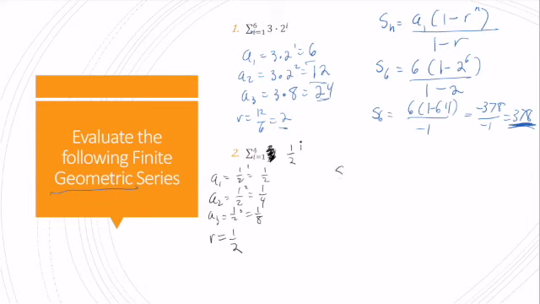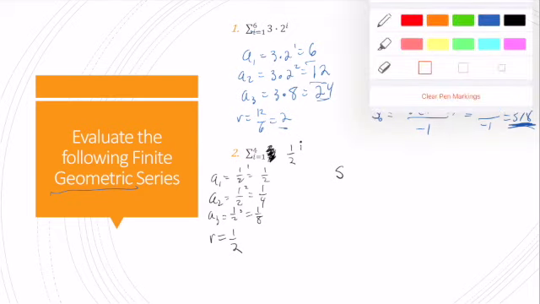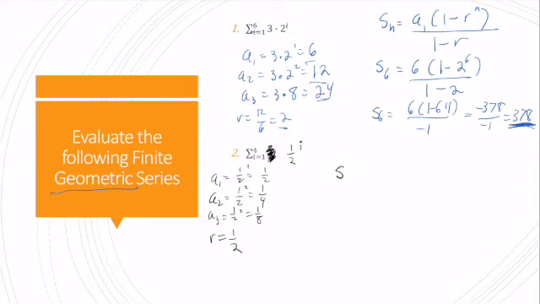So I have that S sub, in this case 4. Let me go ahead and change this pen color. Let's go with green. I have S sub 4 equals a sub 1, which I found to be 1/2, times 1 minus r, which is 1/2, to the n, which is 4, over 1 minus 1/2, which is just a half.